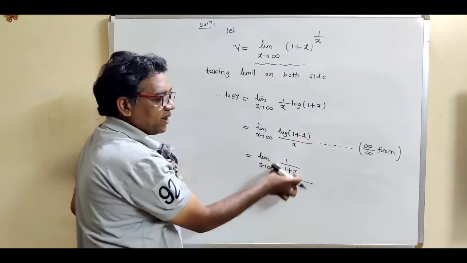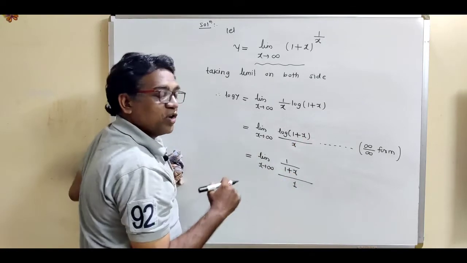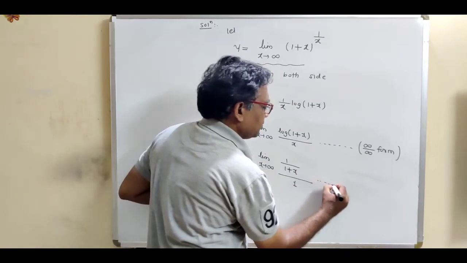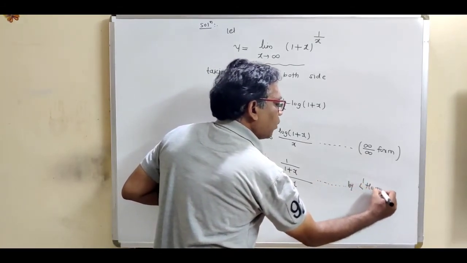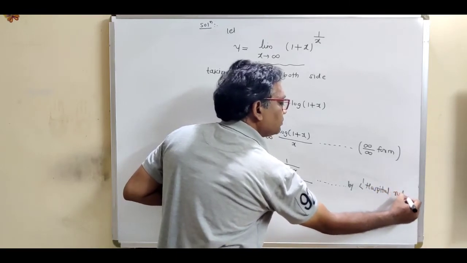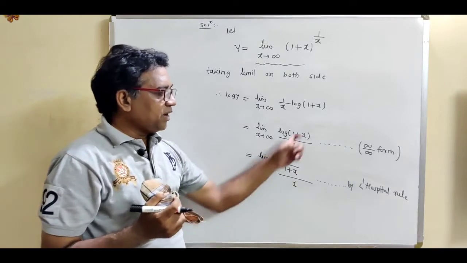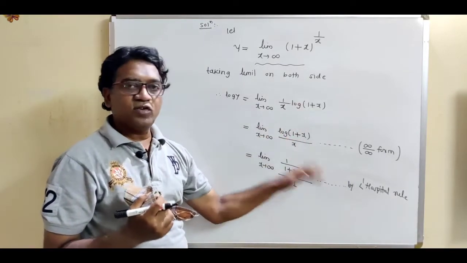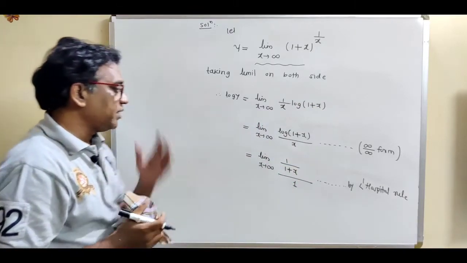Just take the separate derivative: derivative of numerator divided by derivative of denominator. Don't apply the u upon v rule. Give the reason as the L'Hopital rule. If the limit form is a division form, and it is either 0 by 0 or infinity upon infinity, then just take the separate derivatives.